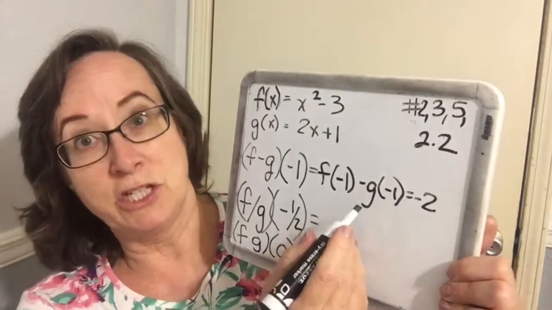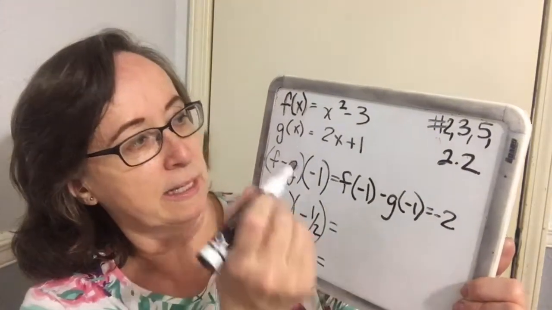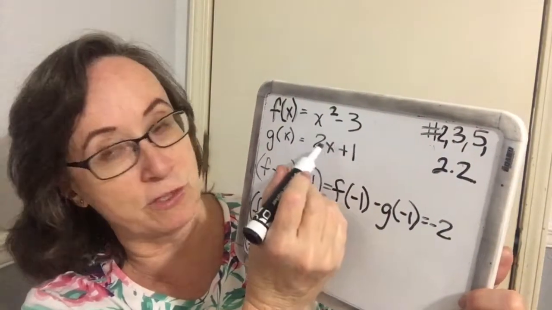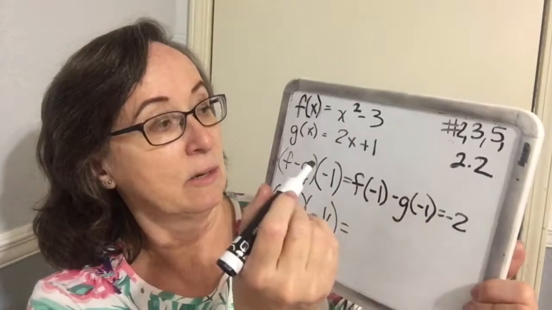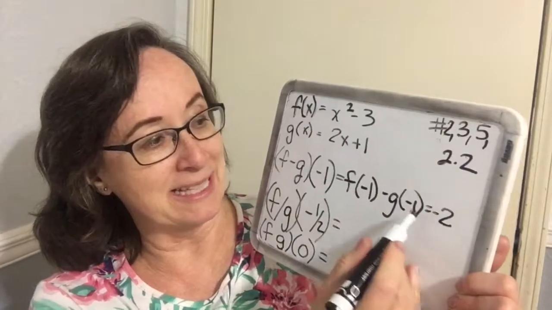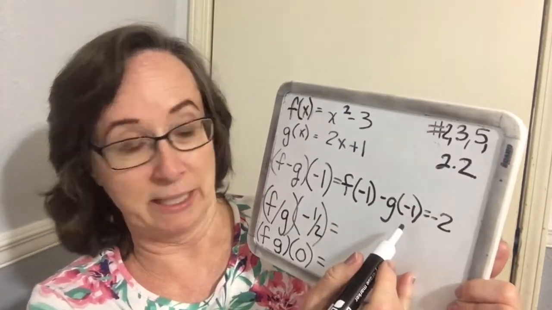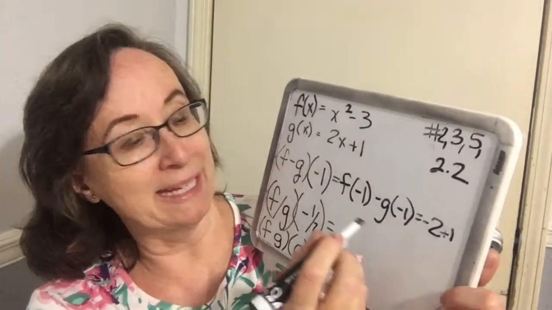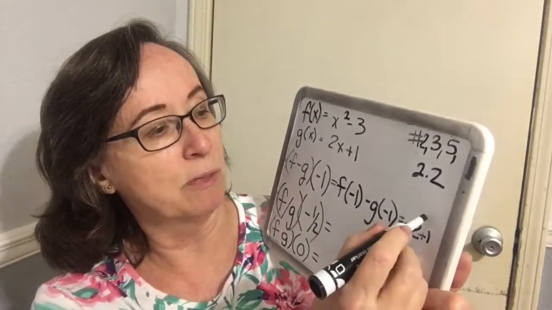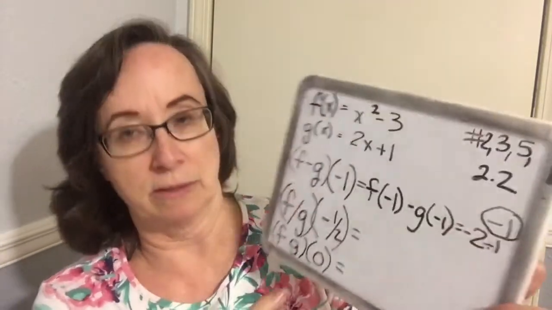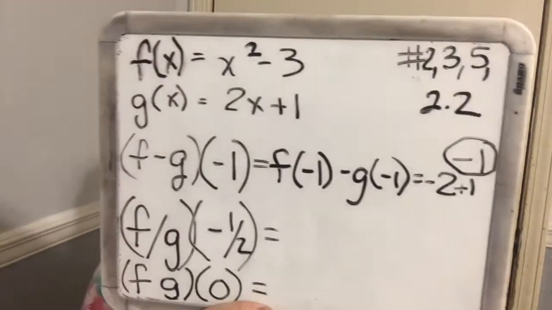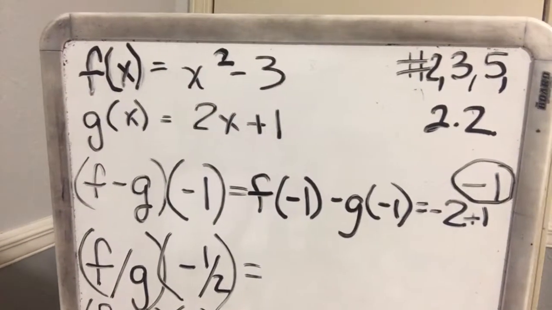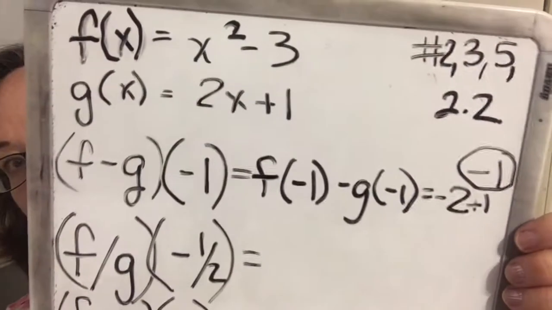And then g of -1 is the g function with the -1 plugged in. So that's going to be -2 plus 1, which is a -1, but then it says a minus a -1. So that's going to be a plus 1. So we end up with a -2 plus a 1, which would be a -1 total. So that was the first one, which was number 3 in your book, and the answer was -1.